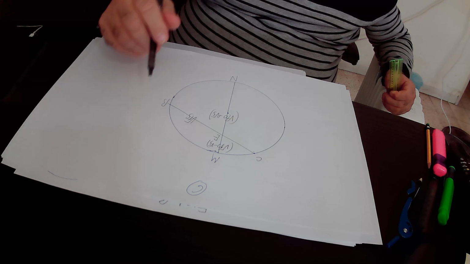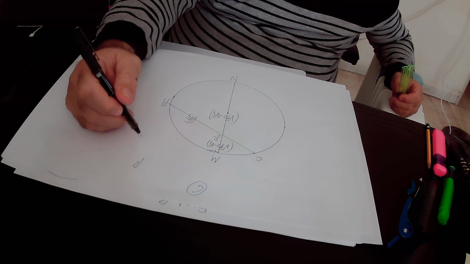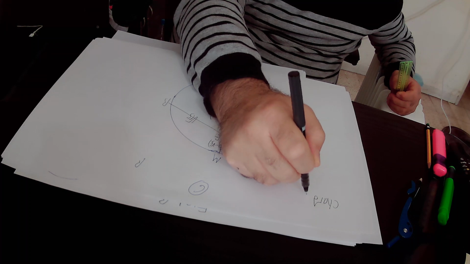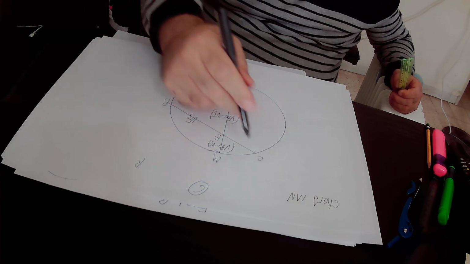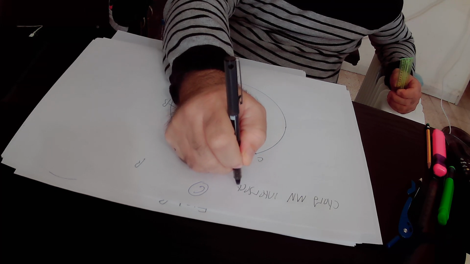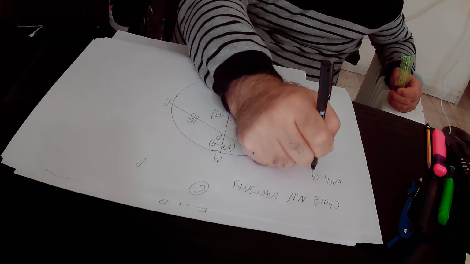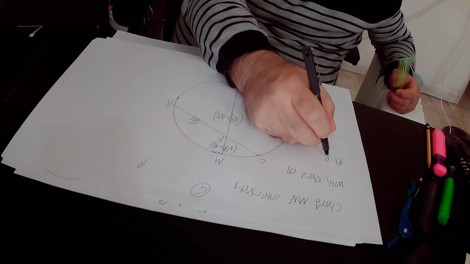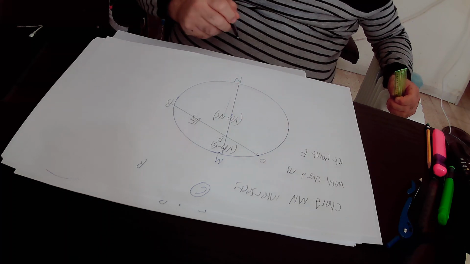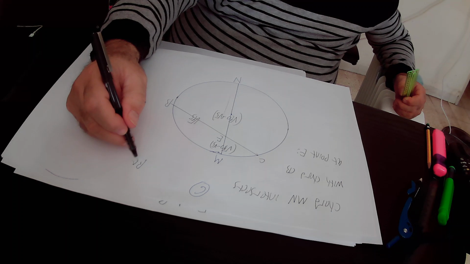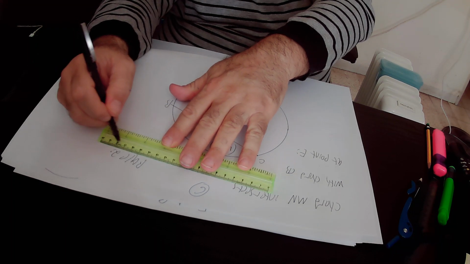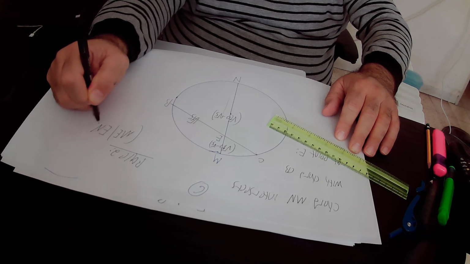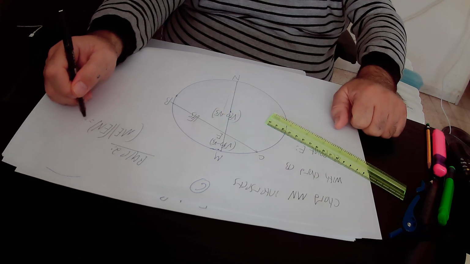So here, according to rule number 2, I write it down first of all that in our original drawing we have chord MN that intersects with chord CB at point E. Therefore, according to rule number 2, we will get that ME times EN equals CE times EB.